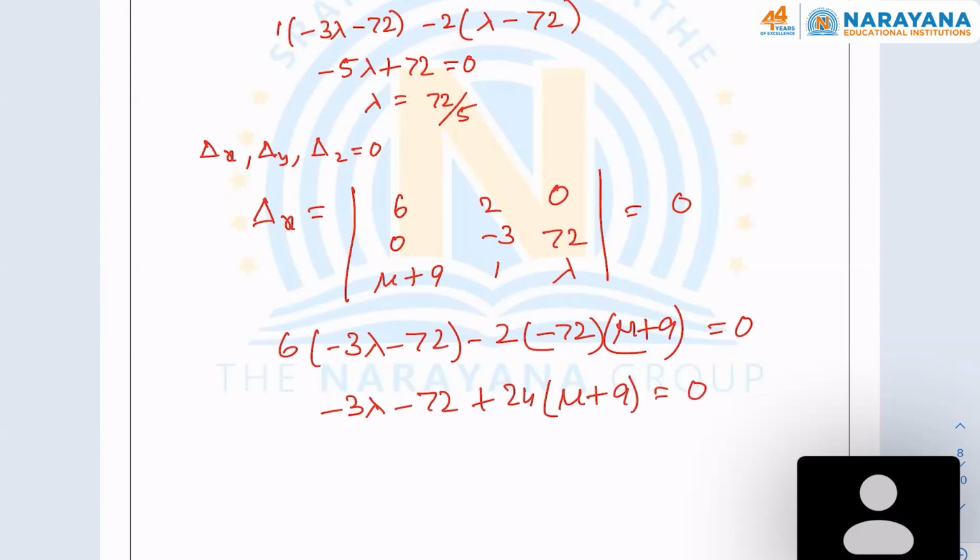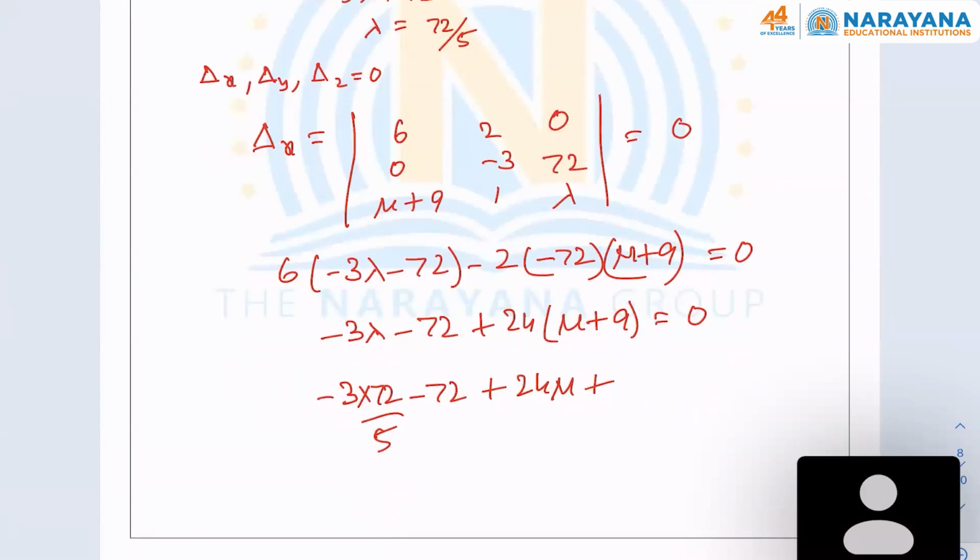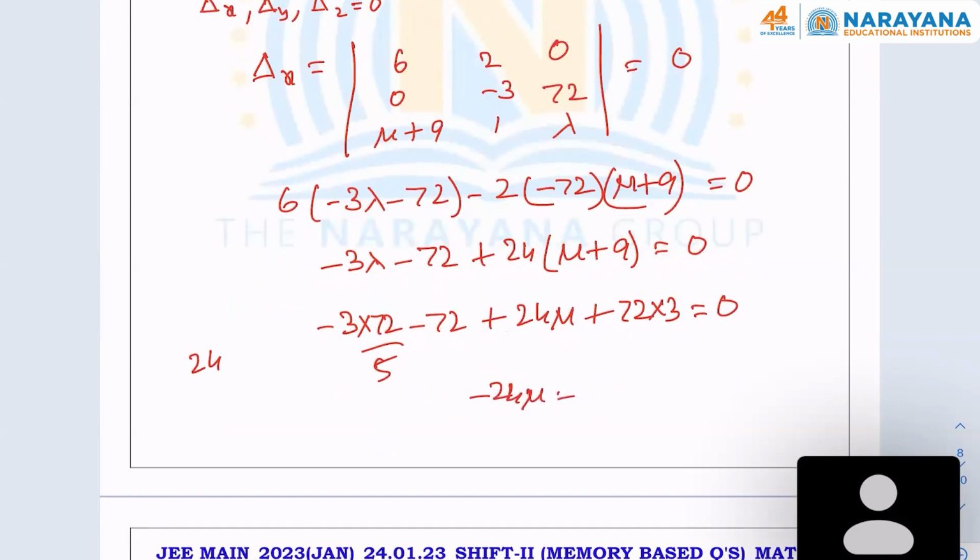So minus 3 lambda plus 24, minus 3 lambda means minus 3 into 72 by 5 minus 72 plus 24 mu plus 24 into 9. 24 into 9 means 72 into 3. 72 into 3 is equal to 0. 24 mu minus 24 mu is equal to 3 by 5.